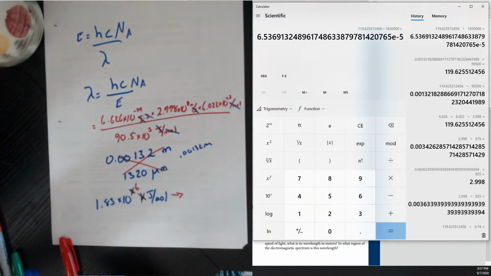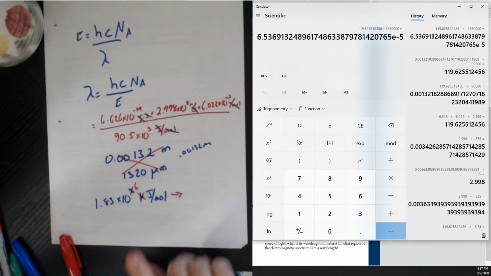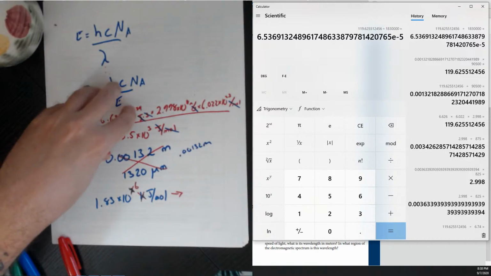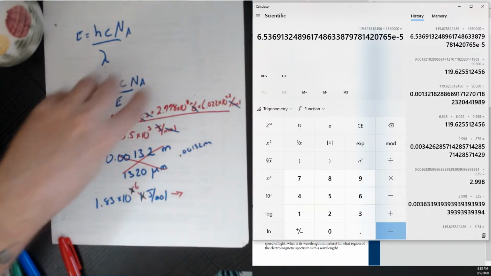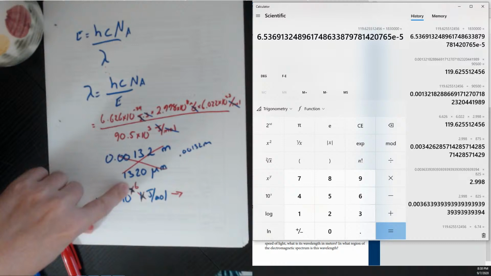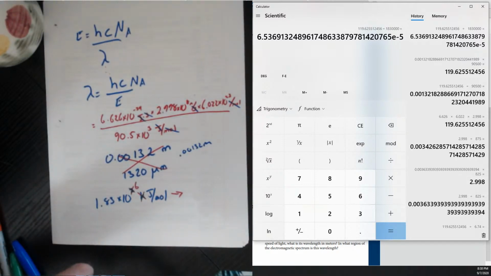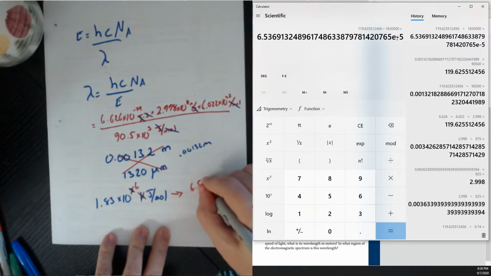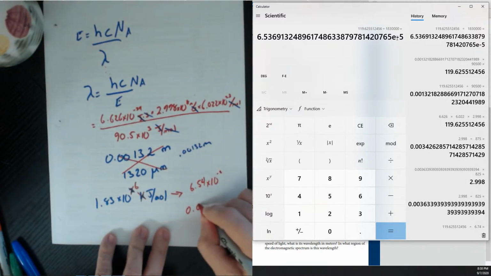Okay. All right, but in this case, it's going to work out slightly differently because we have a different exponent here. So negative 34, negative 11, negative 3, positive 3. So it's going to be 6.54 times 10 to the negative 2, or 0.0654.